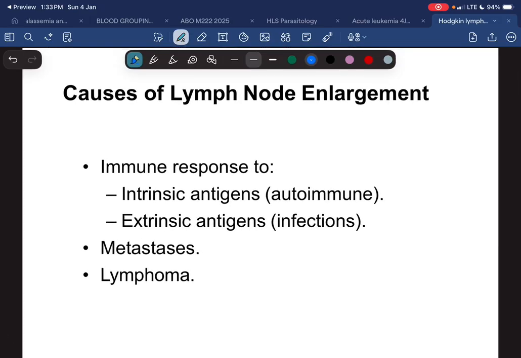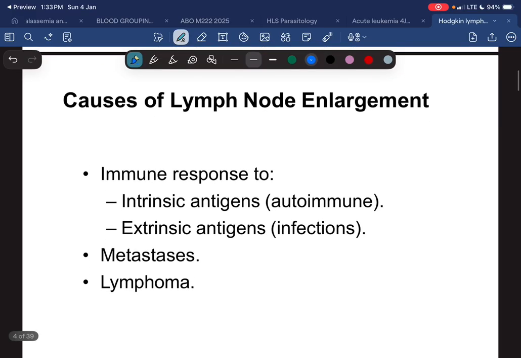Epithelial derived cancers. And the third one is a primary malignant process in lymph nodes, which is lymphomas. So we have lymph node enlargement either reactive to infectious or intrinsic factors, immune mediated, or a metastatic process, or primary lymphoma in lymph nodes.